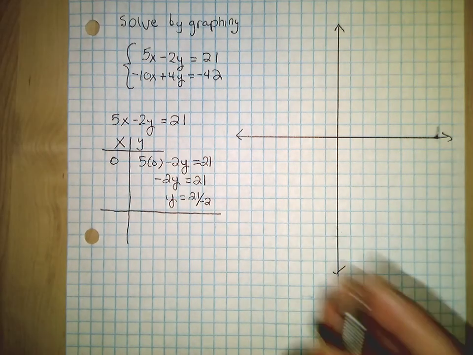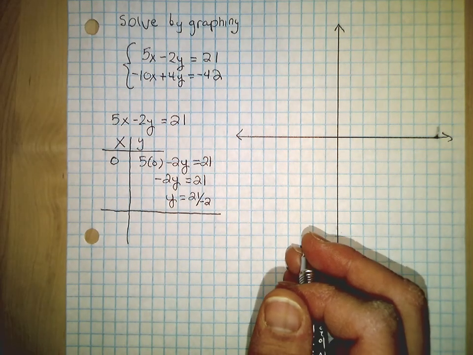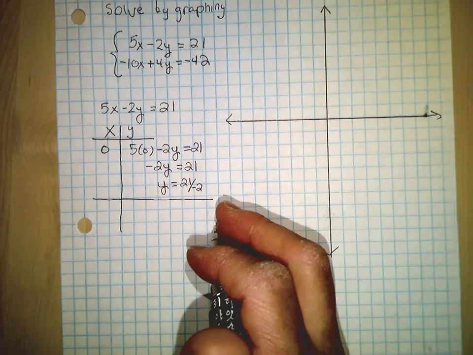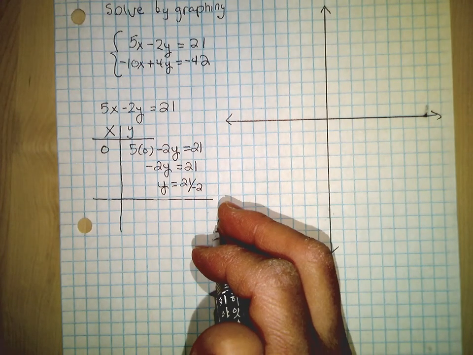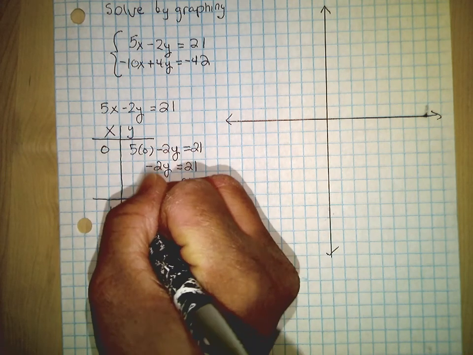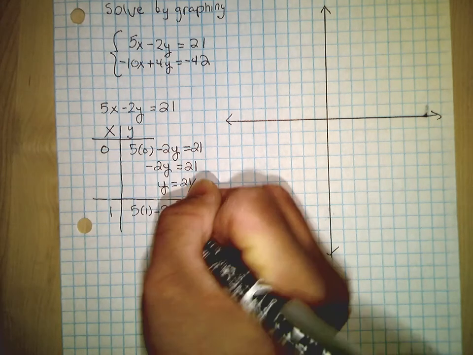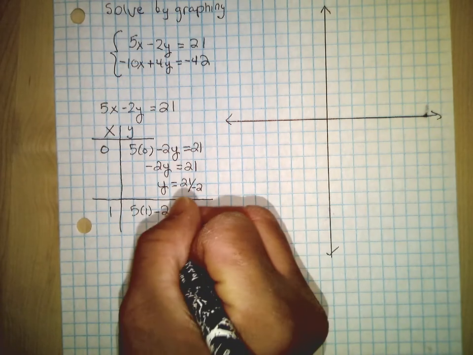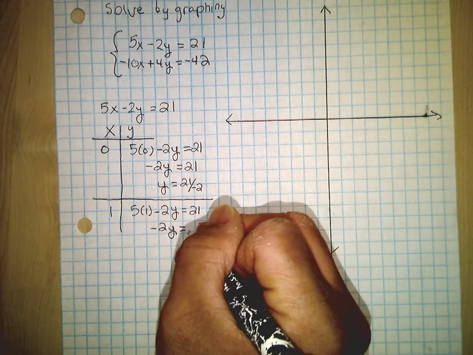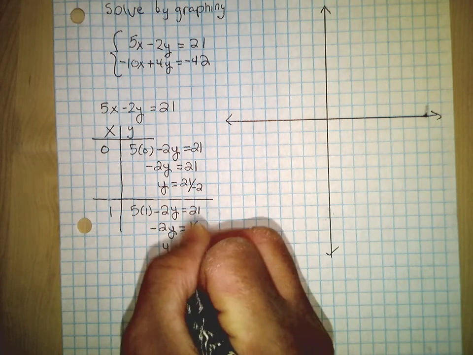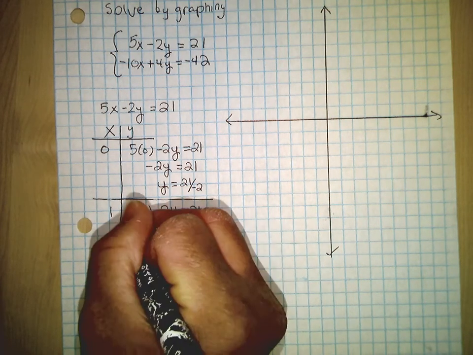All right, so now if you pick, say, a 1, you have 5 times 1 minus 2y equals 21. Subtract the 5, -2y is equal to 16. Divide by -2, y is -8.